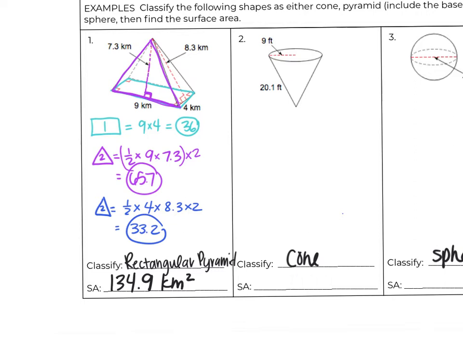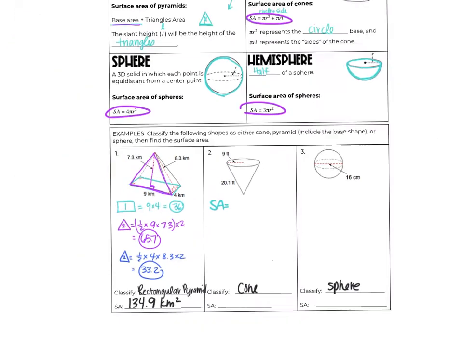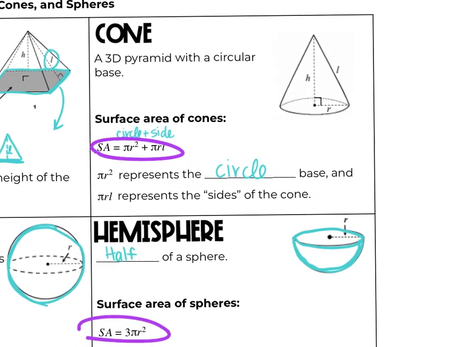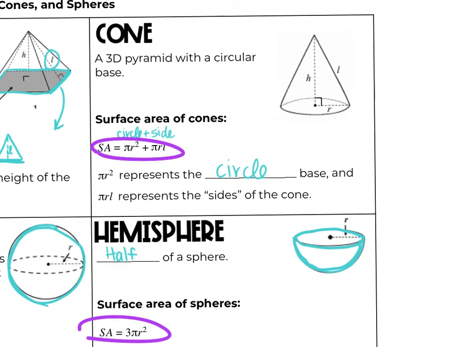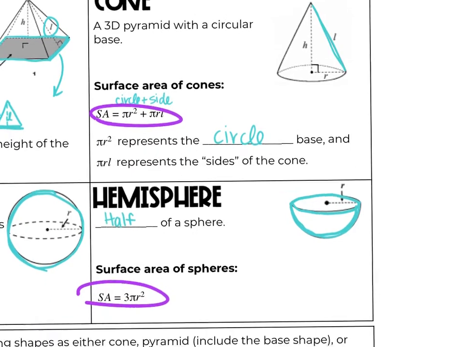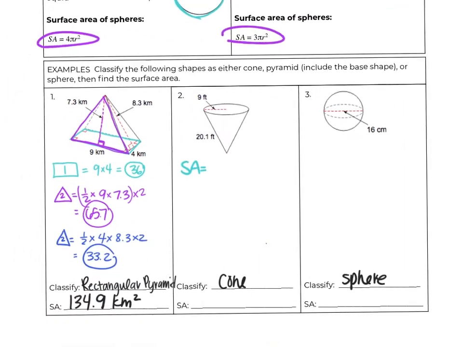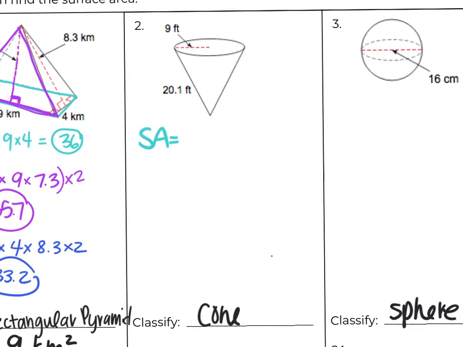All right. Cone. Do we have a formula for this one? Yes, so copy it down. SA equals, remember you can either look on the back or you can zoom up here. The first part I just remember, well, it's the area of the circle, so it's pi r squared. And then the sides are pi r L. Remember, L is this measurement along the side. So 20.1 will be my L. Is 9 my radius?